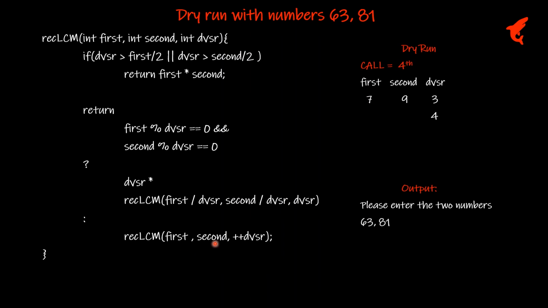Therefore the value which is returned is going to replace this particular function call. Okay, so the value returned is put here, right? And this is going to be returned again to the call which made the fourth call, which is call number 3.